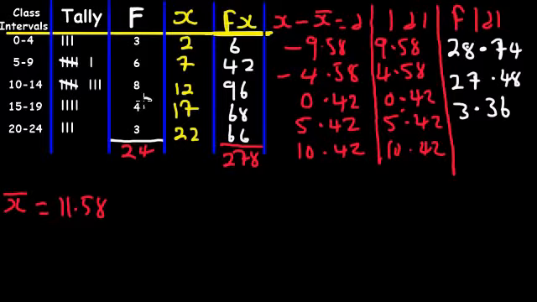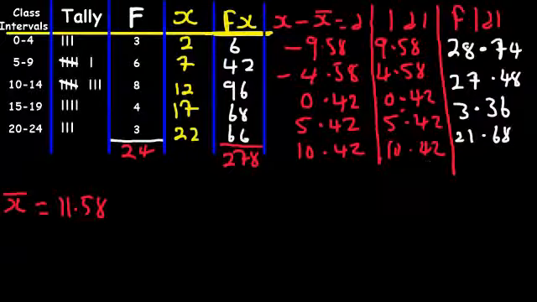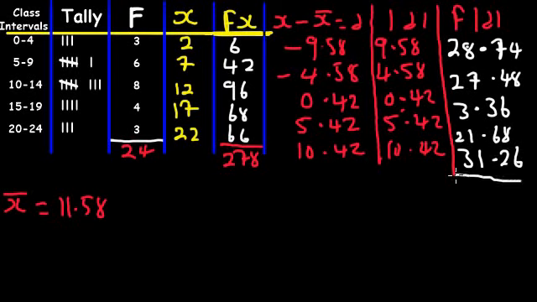And the fourth one, the frequency is 4, so 4 times 5.42 gives us 21.68. The last one, the frequency is 3, so 3 times 10.42 gives 31.26. Now the goal is to add them up.